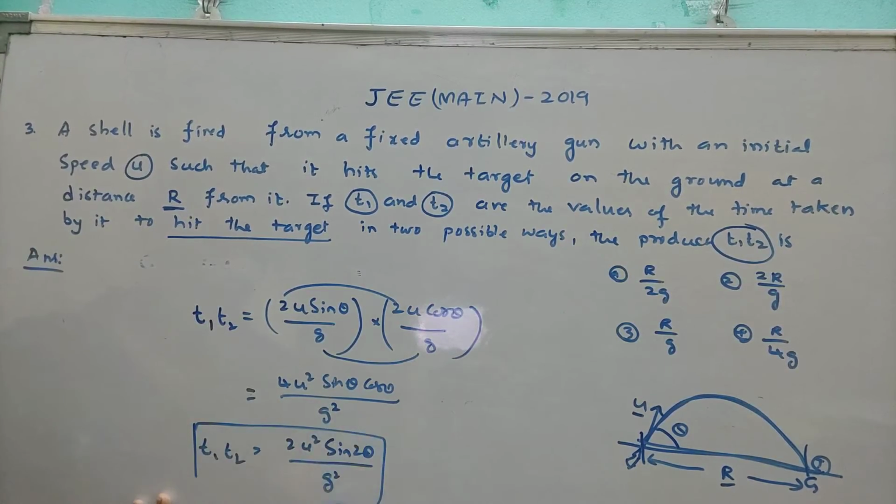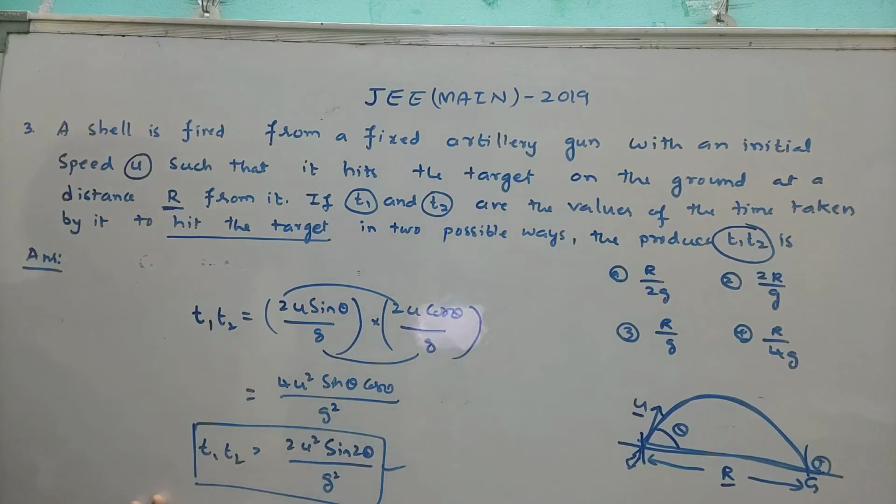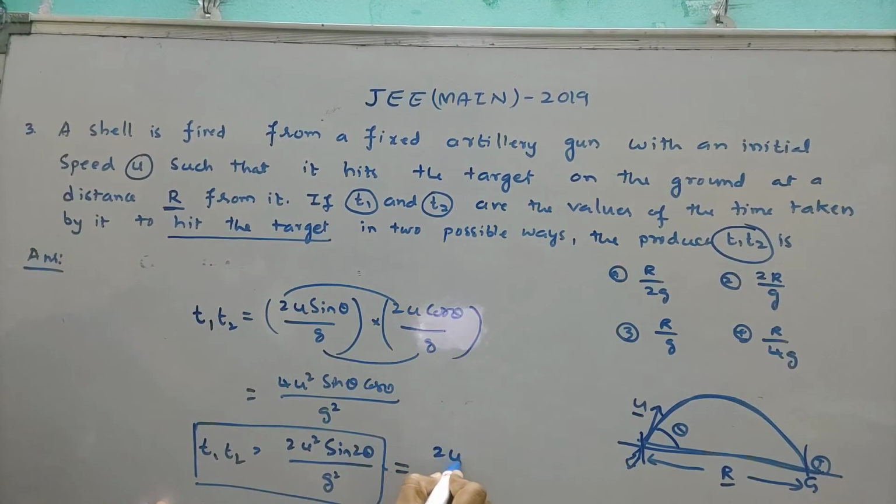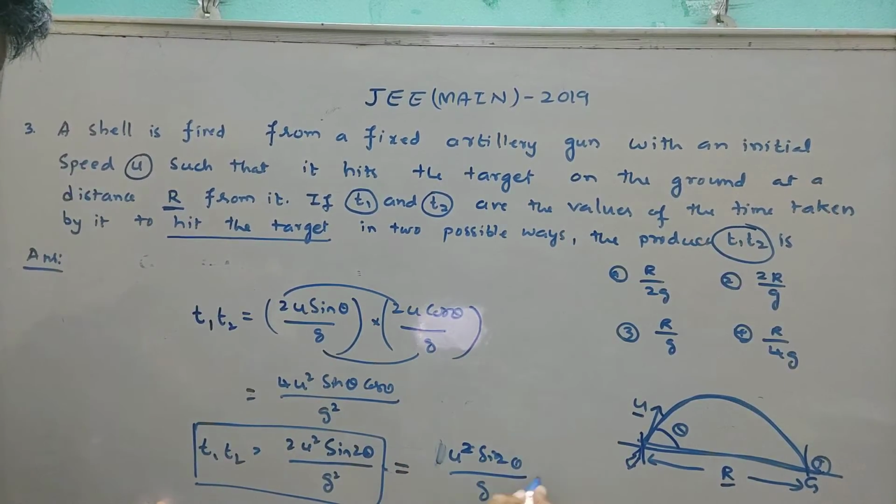We have got this answer, but it is not in the options. So just change this: u square sin 2 theta by g into 2 by g.